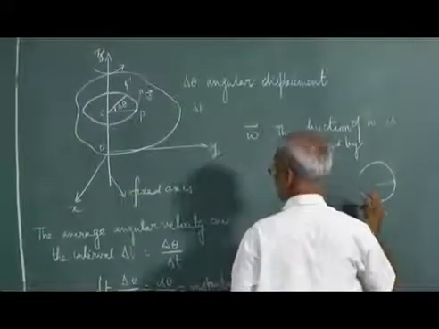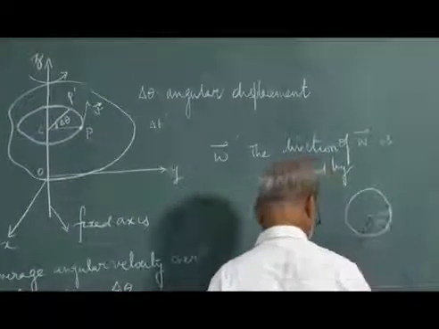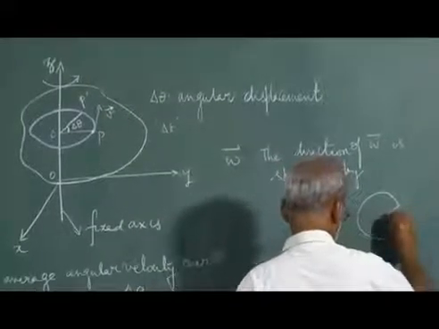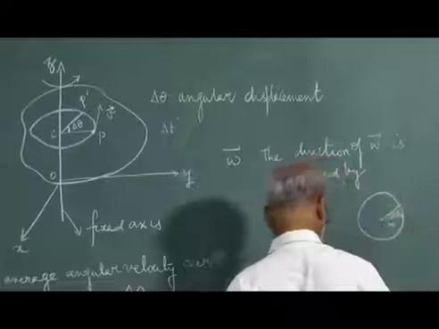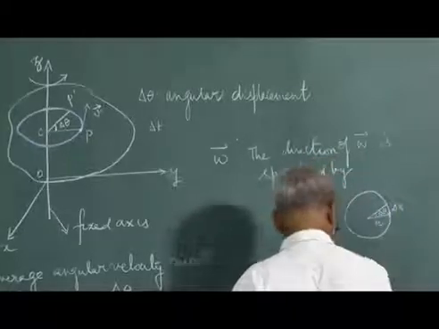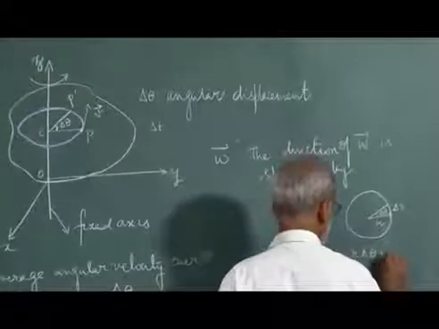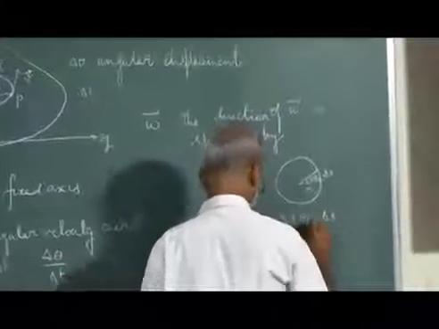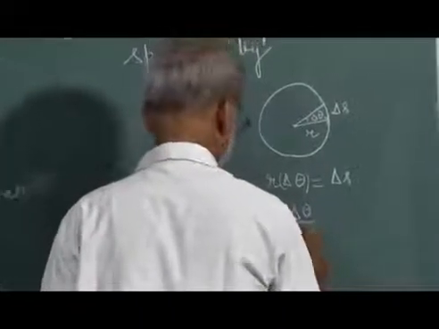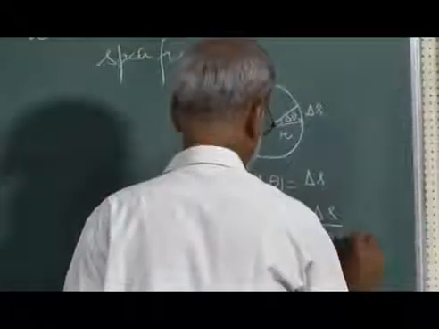This radius, let us say I will take as r, and I will have an angle, it goes by this amount, this is delta theta, this is delta s, actually joining this. So r times delta theta is delta s, so r into delta theta by delta t is delta s by delta t.